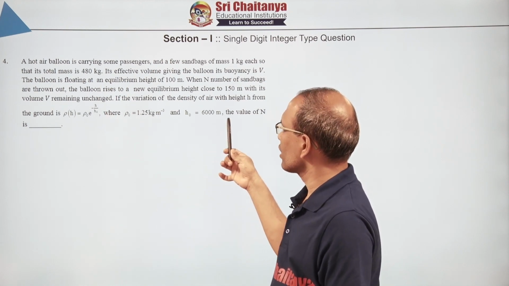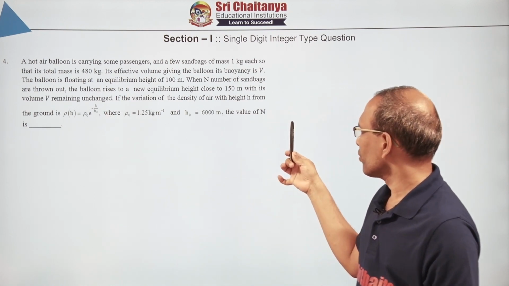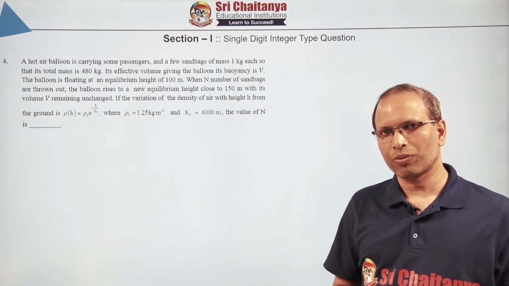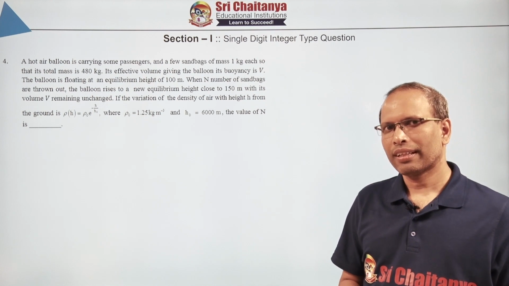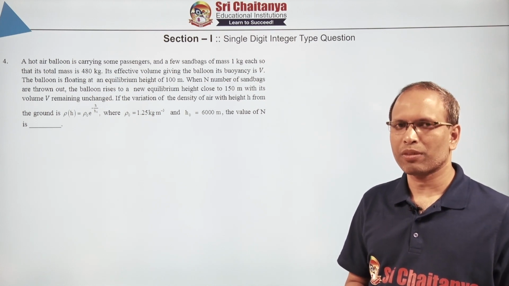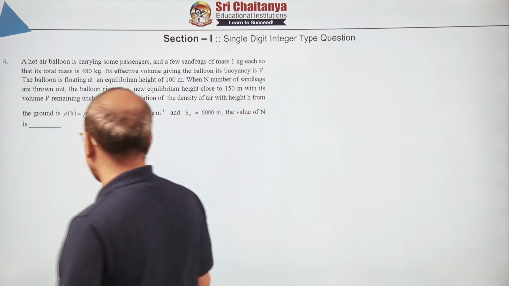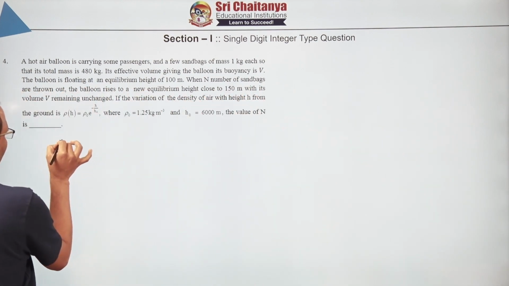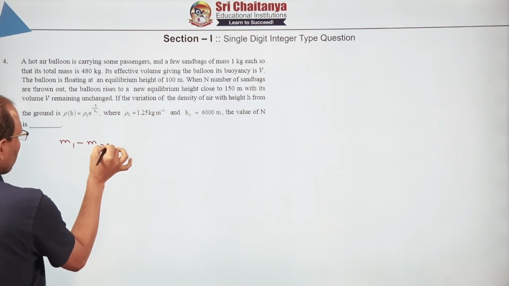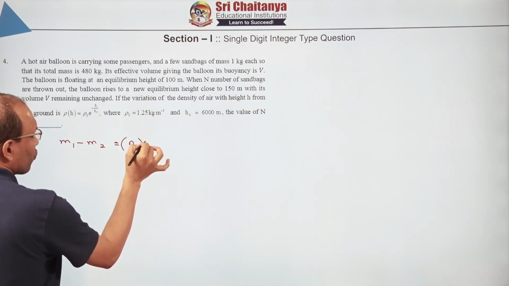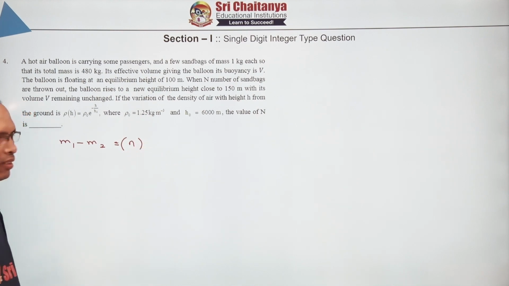Now he is asking us to calculate how many bags have been thrown out. So let the initial mass of the contents be m1 and the final mass m2. Then we have to calculate m1 minus m2, which is nothing but the number of bags into the mass of each bag. So what is the mass of each bag? 1 kg.